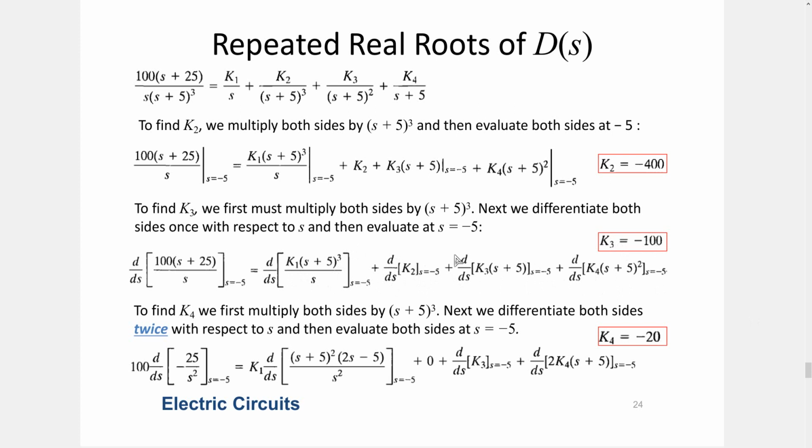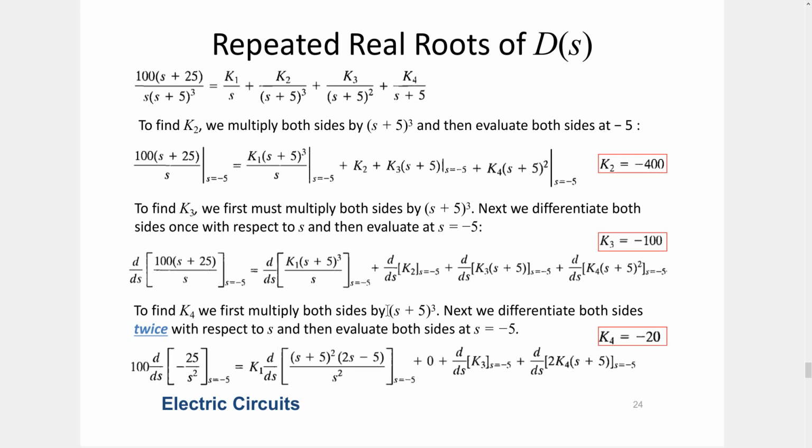When we put s equals minus 5, most of these terms are zeroed out, and we end up with k3. And to find k4, we now multiply both sides by (s plus 5) cubed. Then we differentiate both sides twice with respect to s.